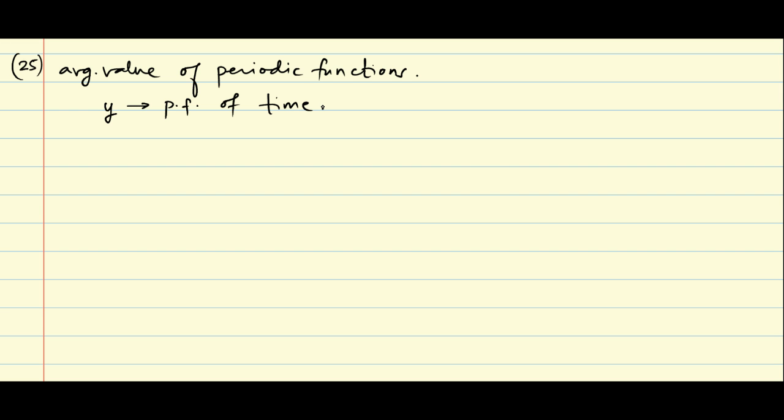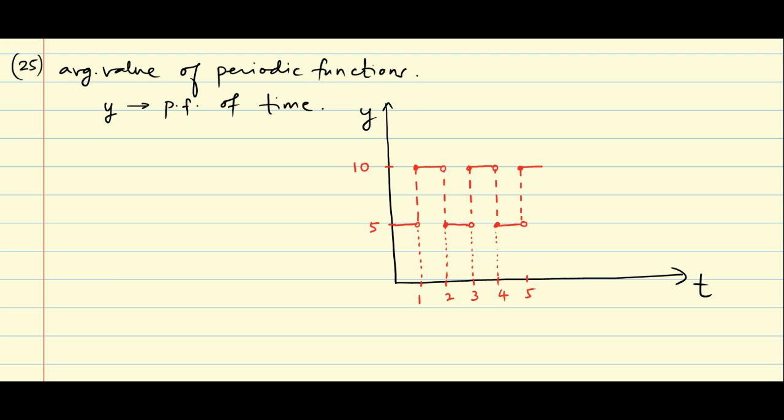And to make the example more specific, I am going to draw the graph of how y varies with respect to time. So time is on the horizontal axis, y is on the vertical axis, and the variation is as follows. So that's the nature of the variation.